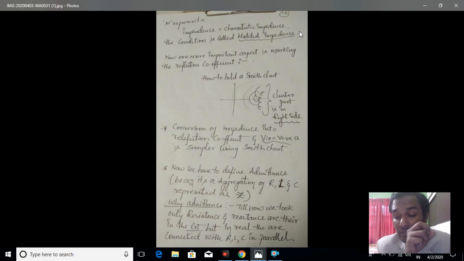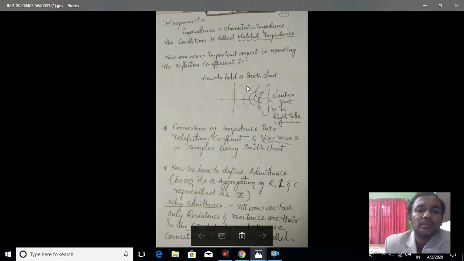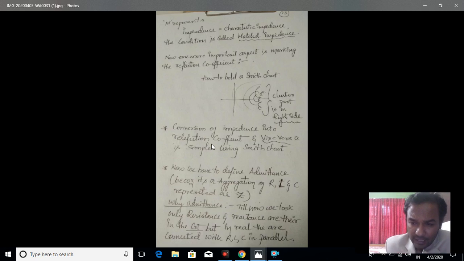It can modify itself for particular connection devices, parallel, serial, automatically, without doing transformation or analytical part. So how to hold a Smith chart? Just now I mentioned, wherever the clusters are more in the right side, then we have to put it in the right side. You know that. I have shown you the graphical diagram also.